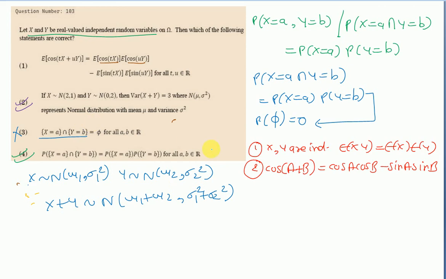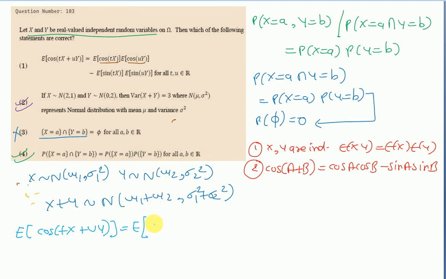If cos tx and cos uy are independent, let us take the expectation of cos(tx + uy). Fine. Now use this formula, cos(a + b) equals cos a cos b minus sin a sin b. What can we write?